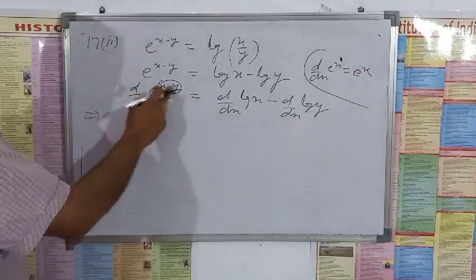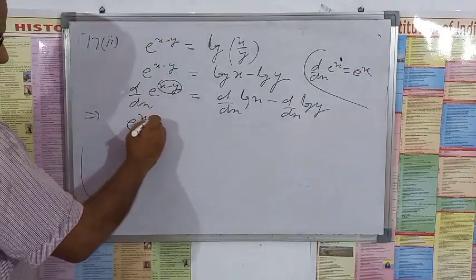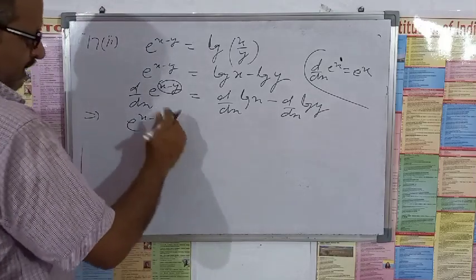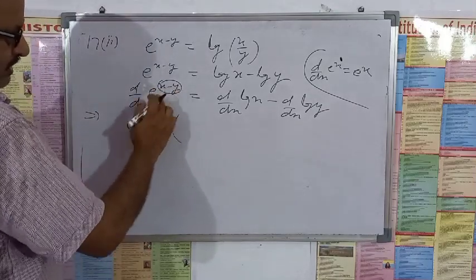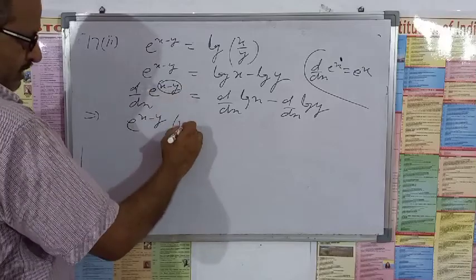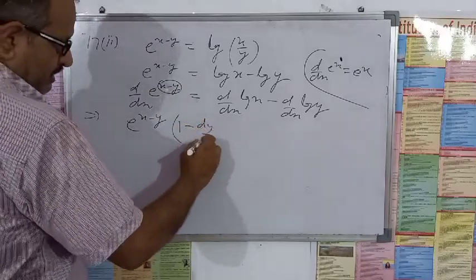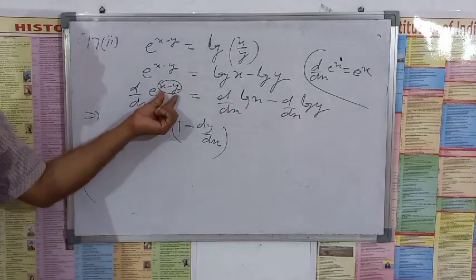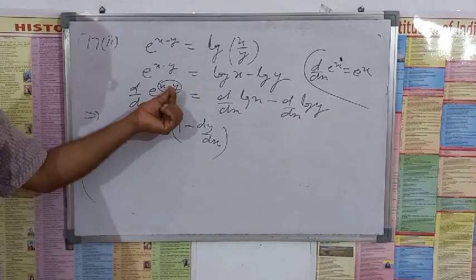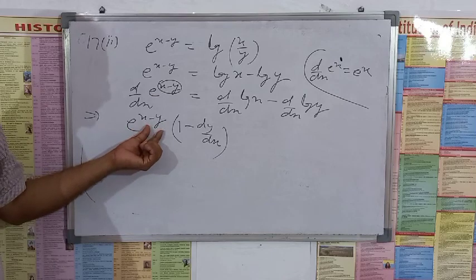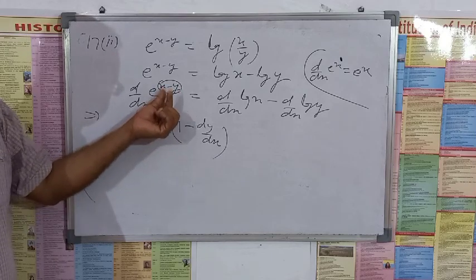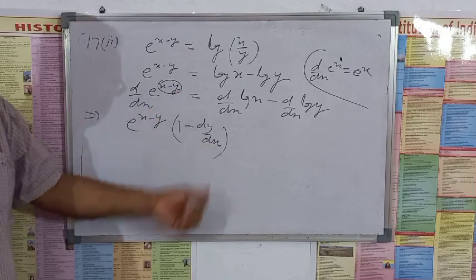So the derivative of e to the power x minus y we will write as e to the power x minus y. Then we have to differentiate x minus y. So the derivative of x is 1 and the derivative of y is dy by dx.